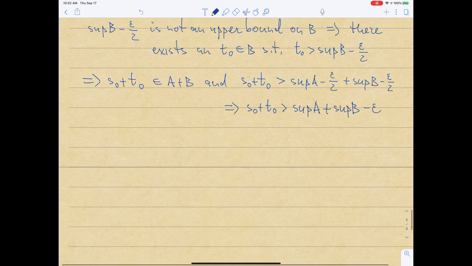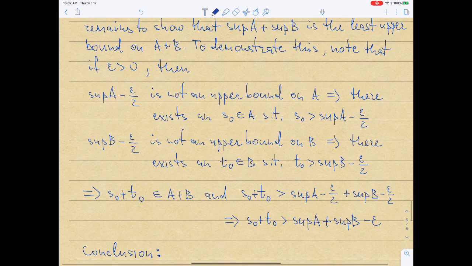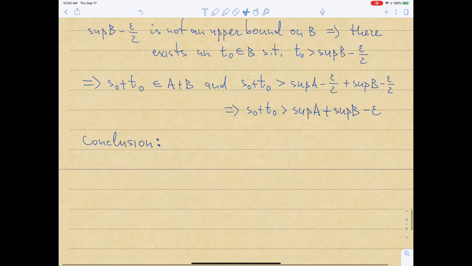And so the conclusion from this, now remember that my number epsilon here is chosen arbitrarily, right? I just said epsilon is a positive number, any positive number whatsoever.